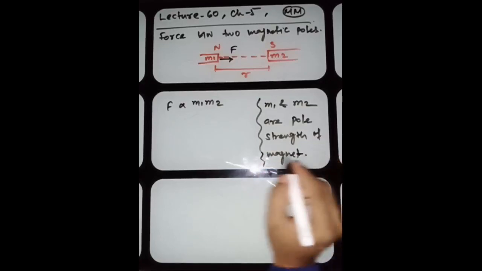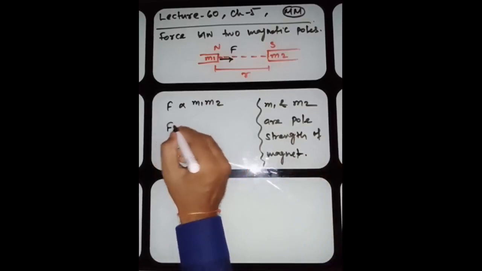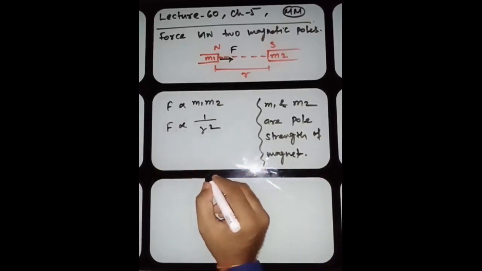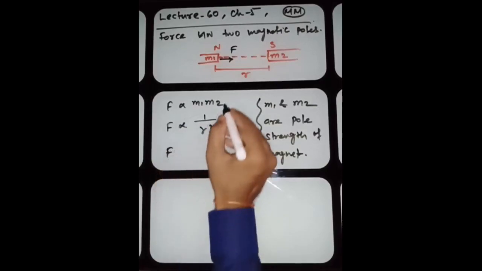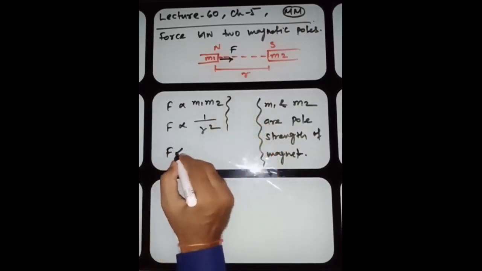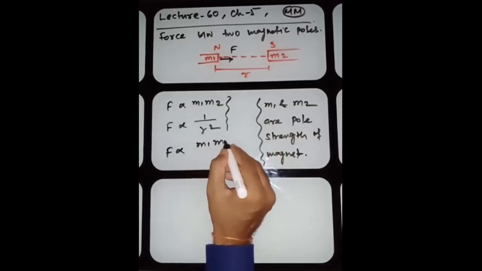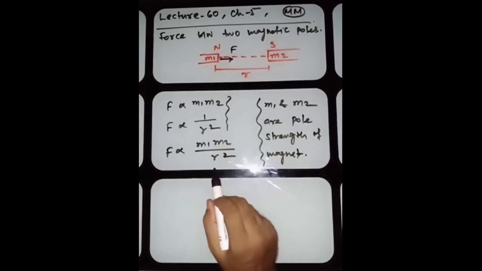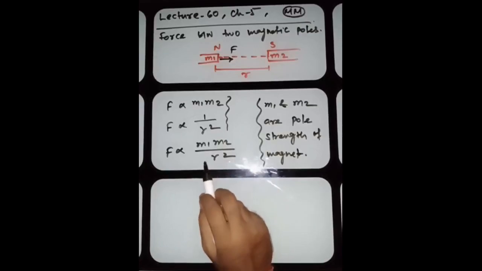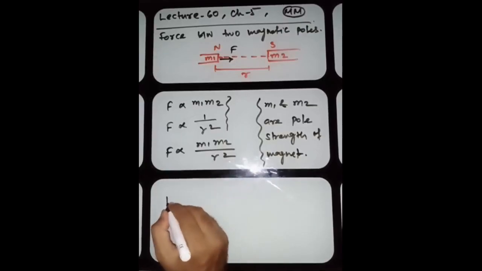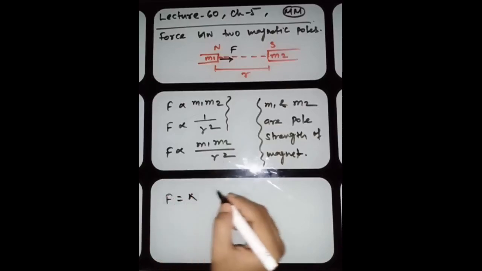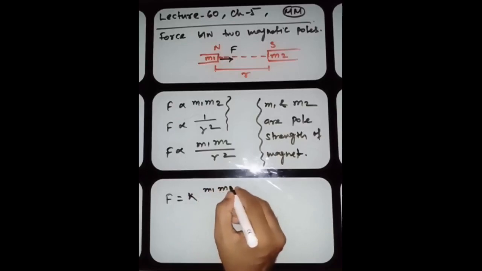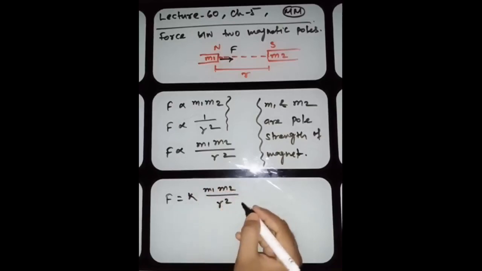According to this law, it is inversely proportional to R square. It is based on the inverse square law, my dear students. Combining these two, you can write F directly proportional to M1 M2 by R square. Don't get mixed up with the law of gravitation. Here the proportionality constant will be K, the magnetic constant, and F equals K M1 M2 divided by R square.